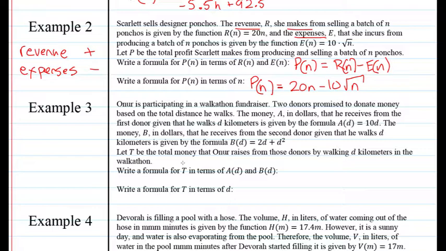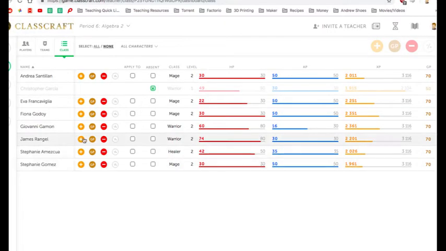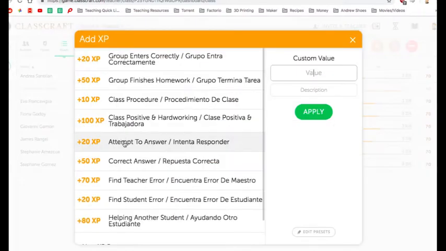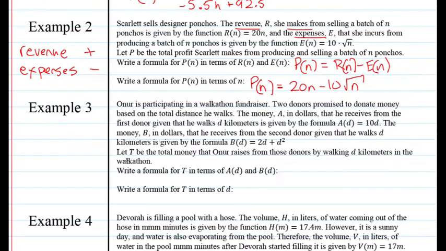The money B in dollars that he receives from the second donor, given that he walks D kilometers, is given by the formula B of D equals 2D plus D squared. Let T be the total of money that owner raises from those donors by walking D kilometers in the walkathon. Write a formula for T in terms of A of D and B of D.